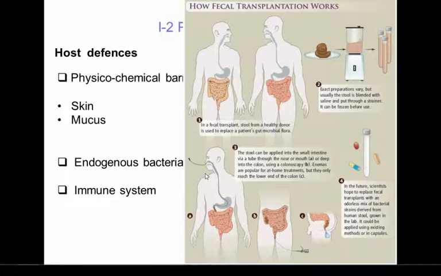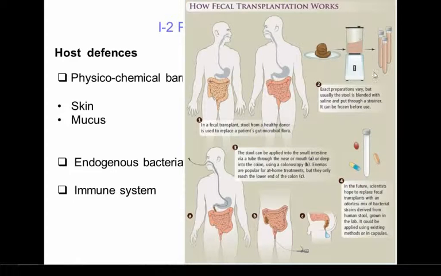Okay, so what you do is you've got a healthy person here. You get their fecal material, put it in the blender, and mix it up with physiological saline.